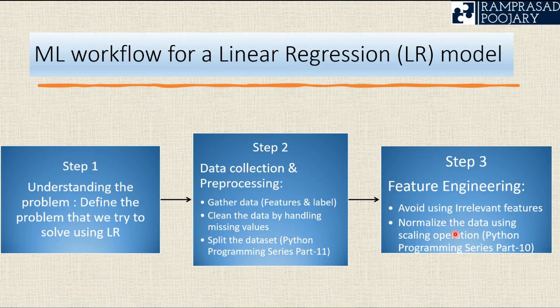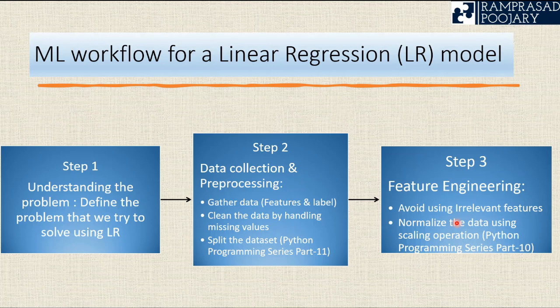We also normalize the data using scaling operations so that all the features with continuous values will have the same range. Of course, some features will have categorical values, and you cannot normalize them.